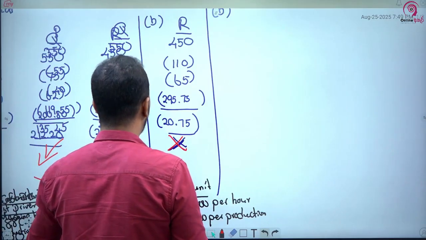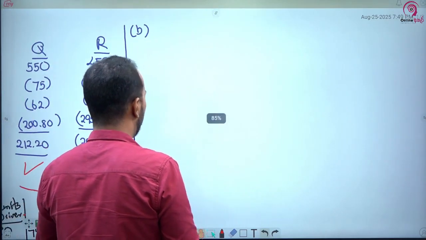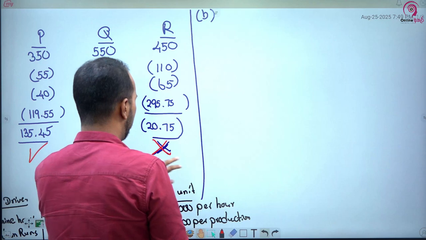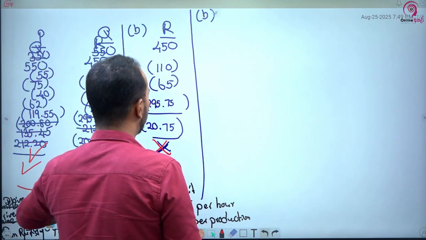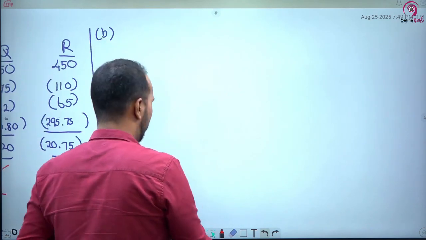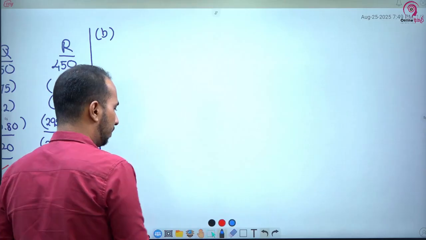So I will take you to part B of the question. Now, when you are writing an answer for this kind of situation, first you have to give your suggestion.